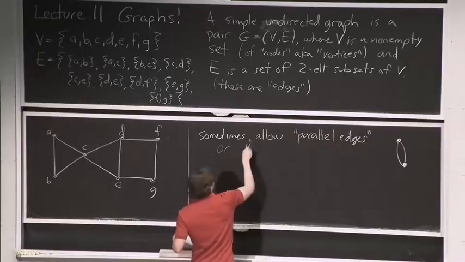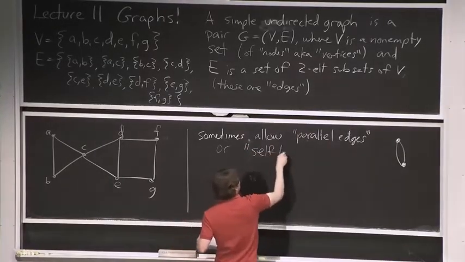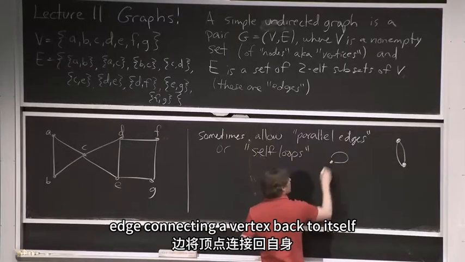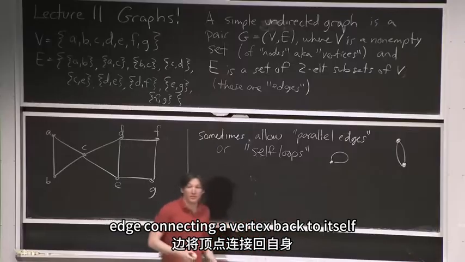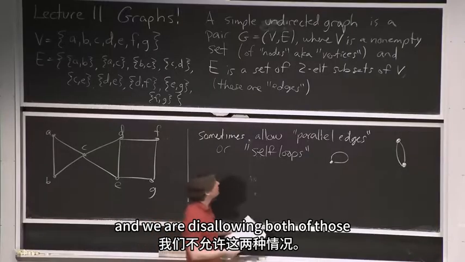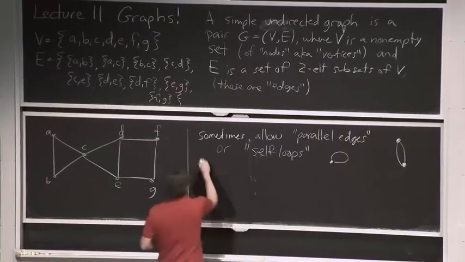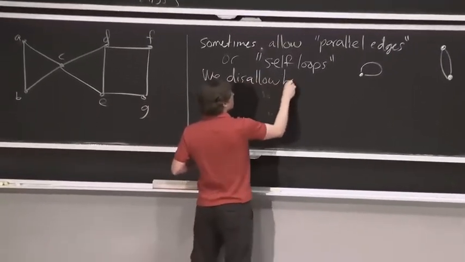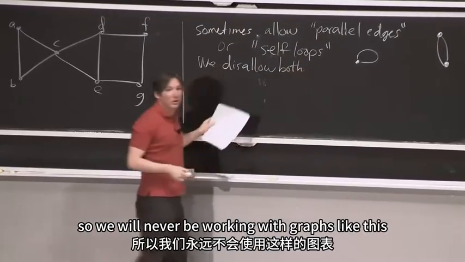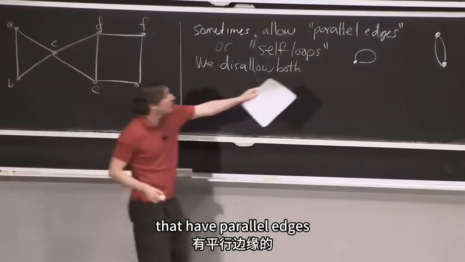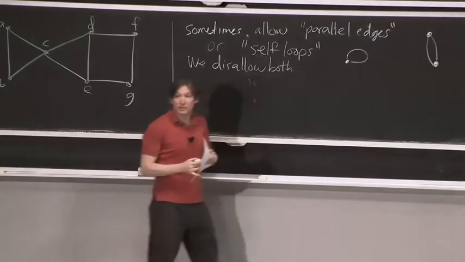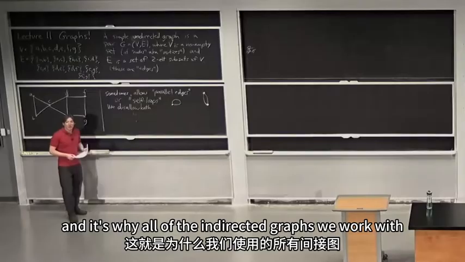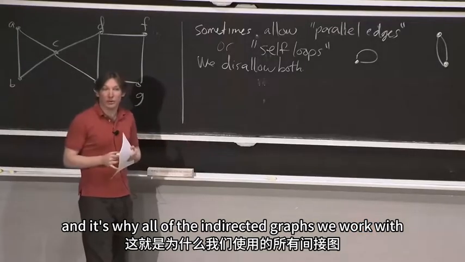Or self-loops, which is when you have a single edge connecting a vertex back to itself. And we are disallowing both of those. So we will never be working with graphs like this that have parallel edges or that have self-loops. So that is what people usually mean by simple. And it's why all of the undirected graphs we work with are going to be simple.